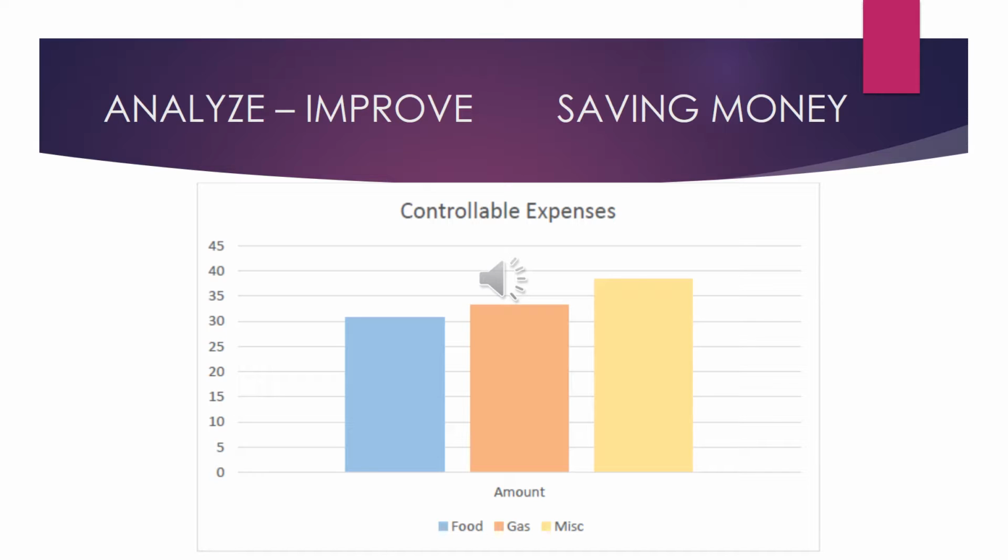So the miscellaneous area I know will fluctuate monthly, but I believe that if we take more of a planned approach to that category, we could further trim or identify some things that maybe don't need to be purchased at that time.